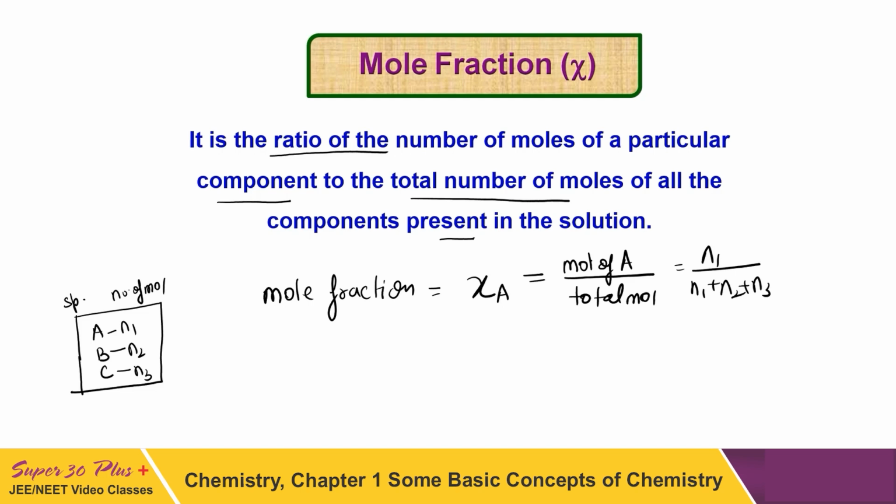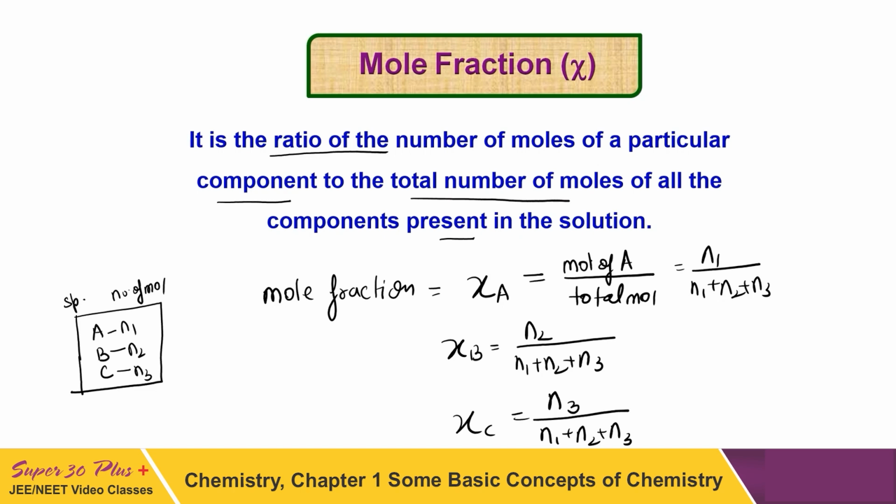So this is the mole fraction of A. What about the mole fraction of B? Mole fraction of B will be moles of B, that is N2, divided by N1 plus N2 plus N3, total mole. What about the mole fraction of C? It will be equal to the moles of C, N3, divided by N1 plus N2 plus N3. So this is how we define the mole fraction.